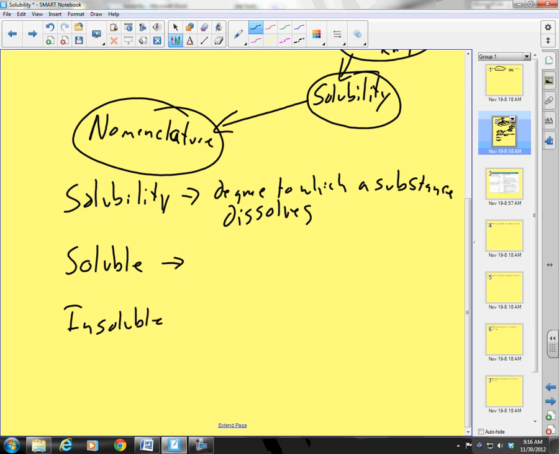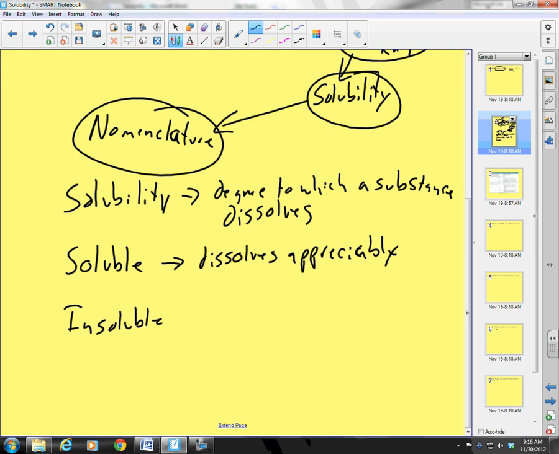And what does soluble mean? It dissolves. I would say it dissolves appreciably. What does that mean? It dissolves noticeably.